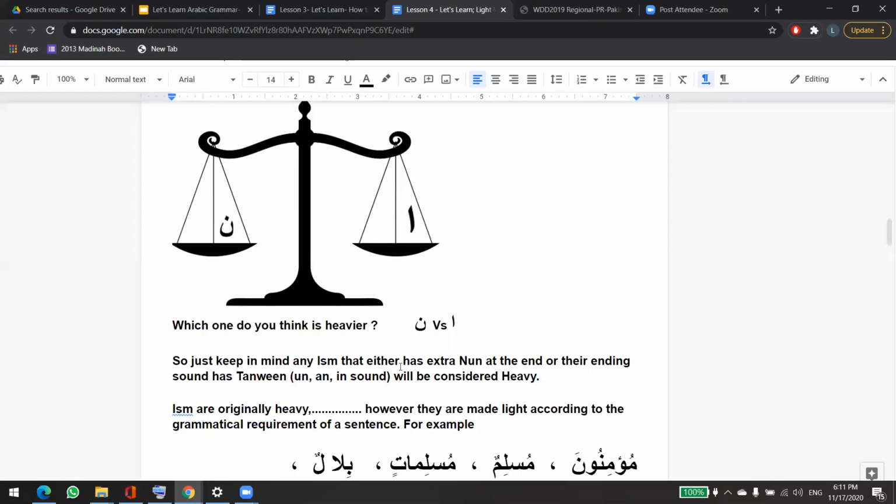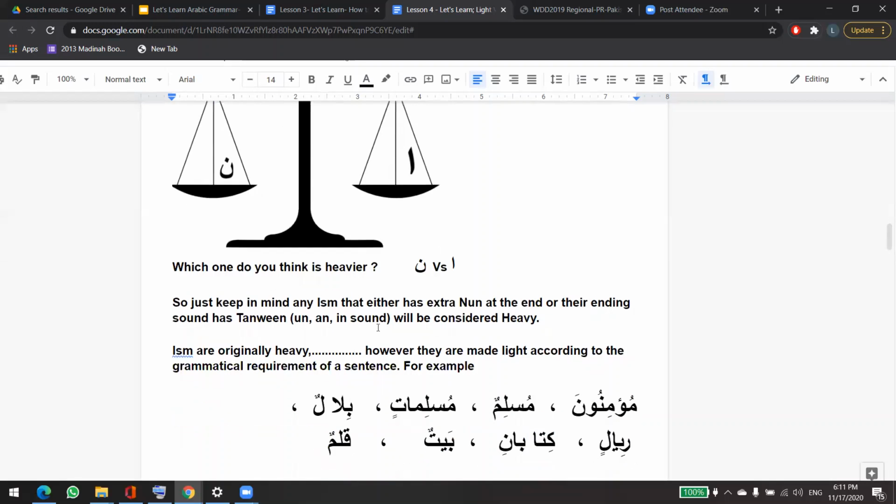So just keep in mind that any ism that either has extra noon at the end or its ending sound has tanween. Tanween means double accent. Double accent means two dhamma, two fatha, or two kasra, the sound un, an, or in, like Muslimun, Musliman, Muslimin.